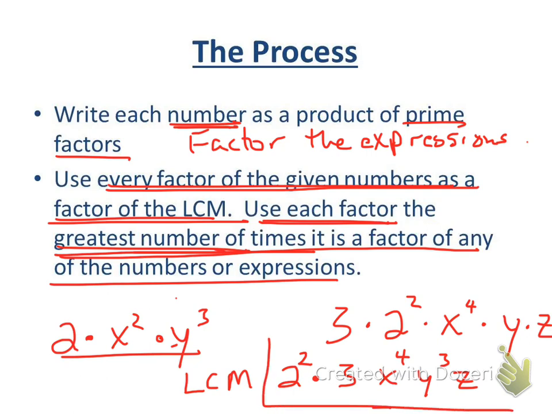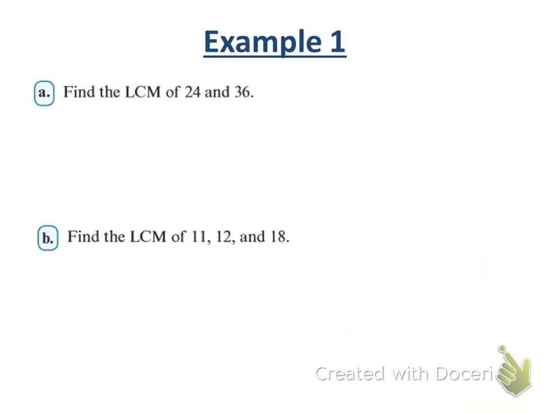So this would be the LCM. And of course, we could multiply it back out. That would be 27x to the 4th y cubed z. So finding the LCM, you have to use each factor the greatest number of times that it's used as a factor in one of our expressions. It's a little confusing to describe the scenario. You just have to practice it a couple times to see what it's going to look like.